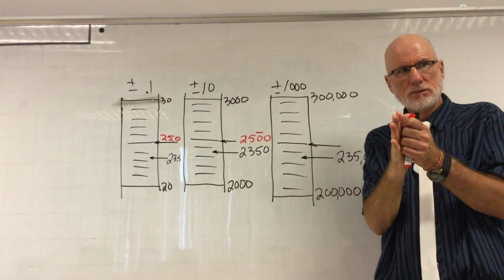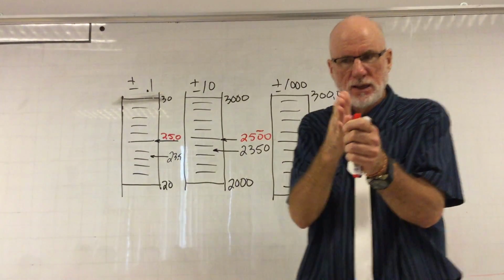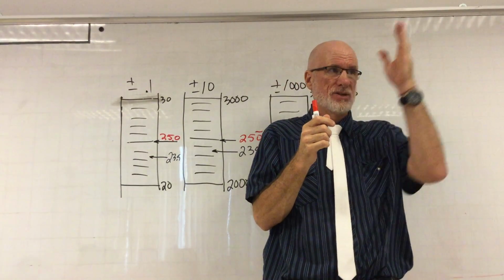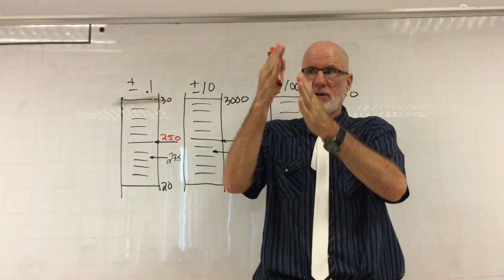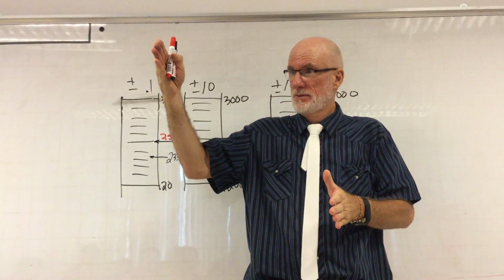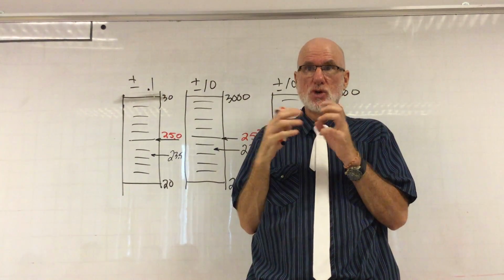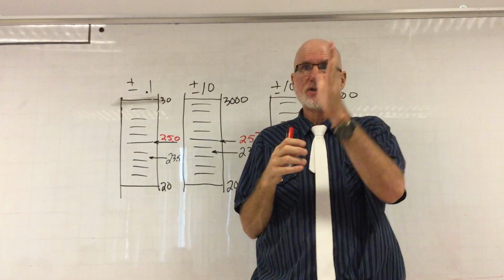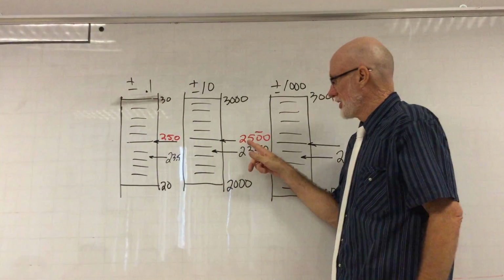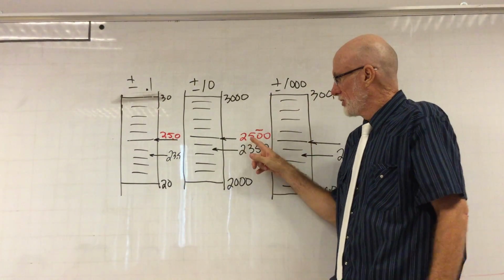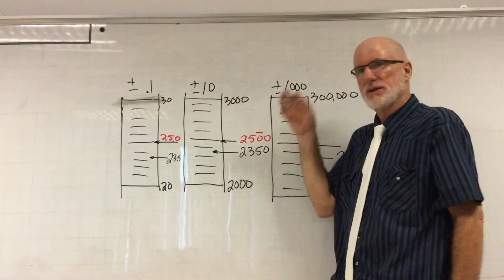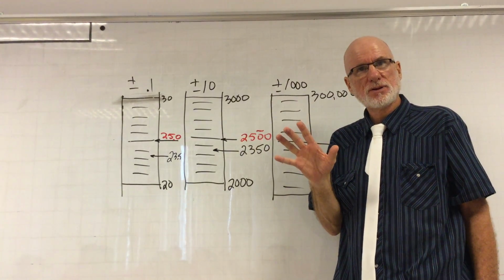That's where we are. I'm going to say this. There are 10 digits: 0, 1, 2, 3, 4, 5, 6, 7, 8, 9, correct? Those are digits, numerals. They're not numbers, they're numerals, they're digits. We have 10 digits that we can use. 2 is a digit. 5 is a digit. 0 is a digit.